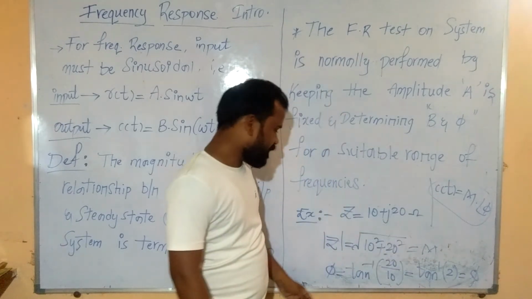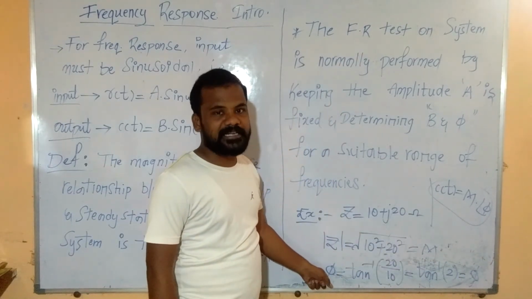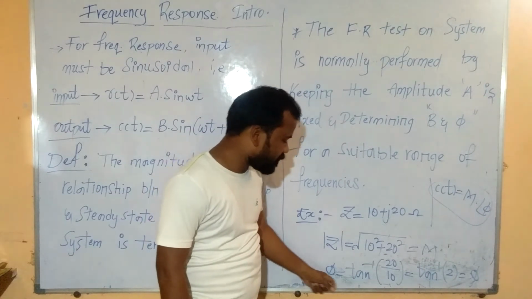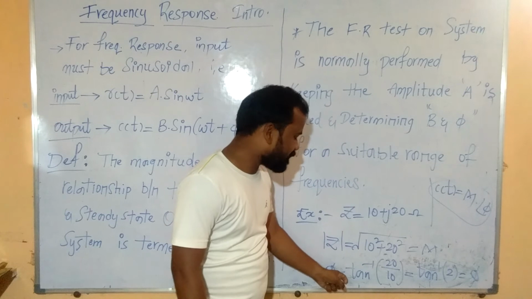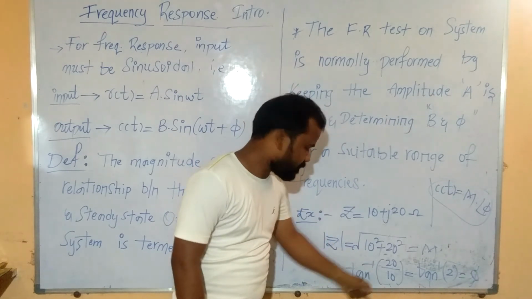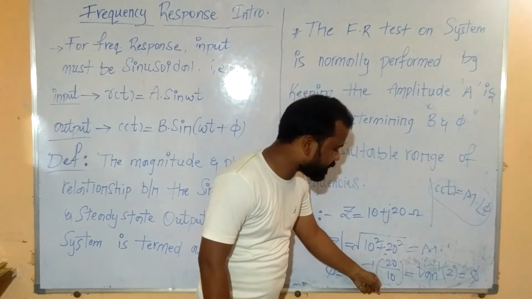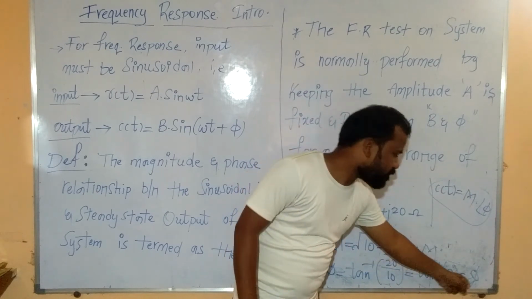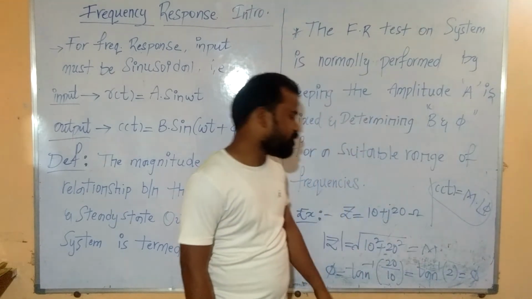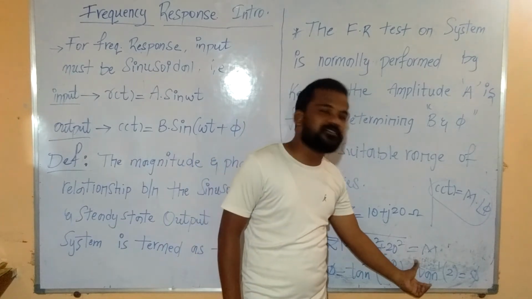After that, I need to find the phase angle. The phase angle phi is equal to tan inverse of imaginary by real, that is tan inverse of 20 divided by 10, which is tan inverse of 2. By solving this, you will get the value of the phase angle.